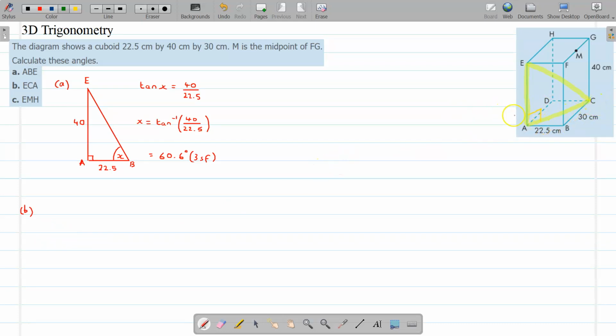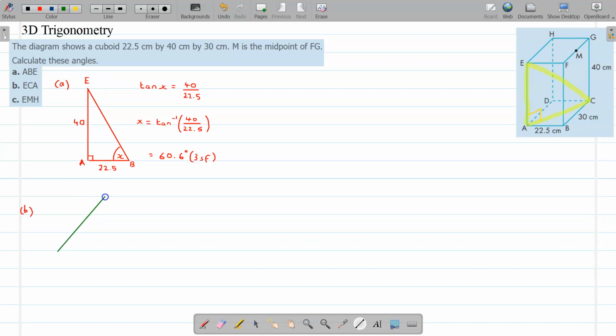Then we can find out the length of AC across the floor, and for that we would probably use Pythagoras' theorem. So I'm going to sketch that first. This is the line AC.